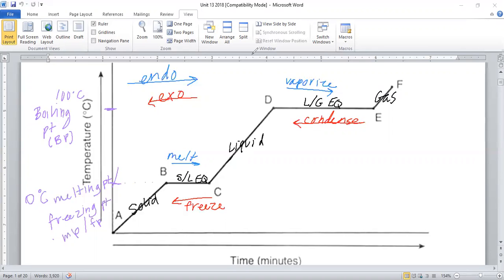A couple more things you need to know. Kinetic energy, KE, is equal to temperature. So since kinetic energy is equal to temperature, which is the y-axis, you could get a question like, where is temperature changing, or where is kinetic energy changing? Kinetic energy changes on all of the slanted lines.